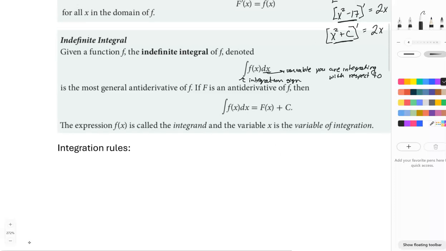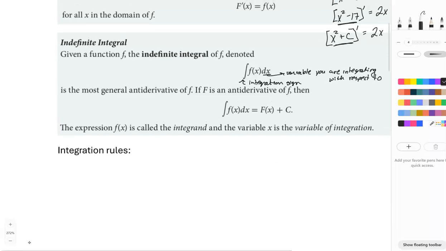And then once we perform that integration, notice the integration sign's no longer there. Then this is the antiderivative. And then we're going to have that plus C on the end, which is called the constant of integration.